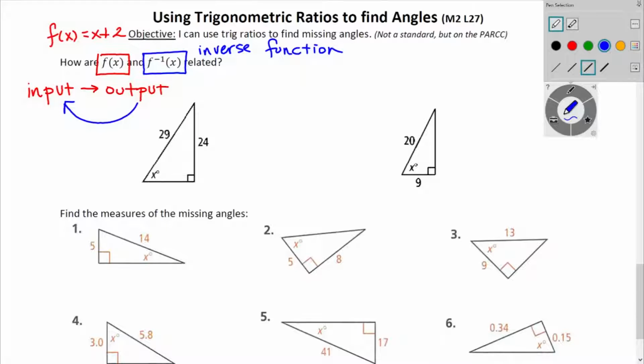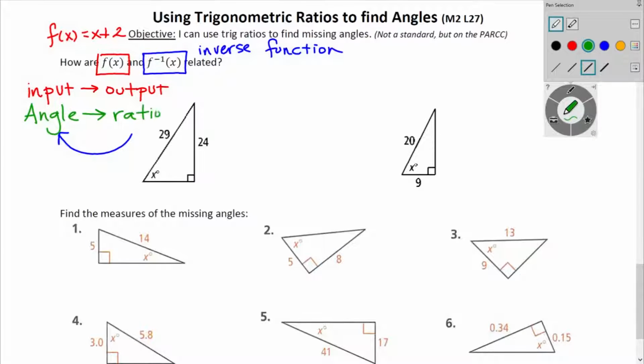Now that's important for us because, as you move on in math, you will begin to think about trig ratios more like functions. Our trig functions, sine, cosine, tangent, have an angle as an input, and the output is a ratio.